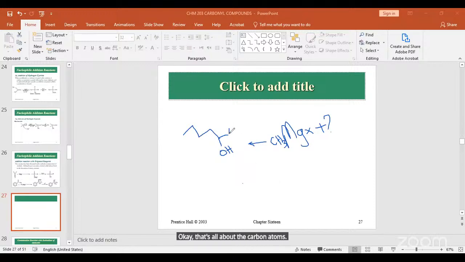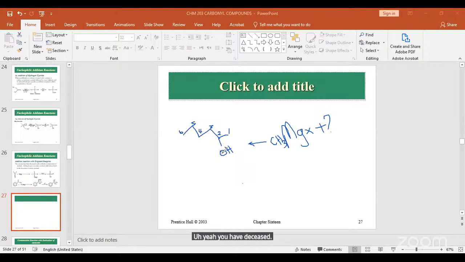We have 1, here is 2, here is 3, here is 4, and this is 5, and here you have the 6th.